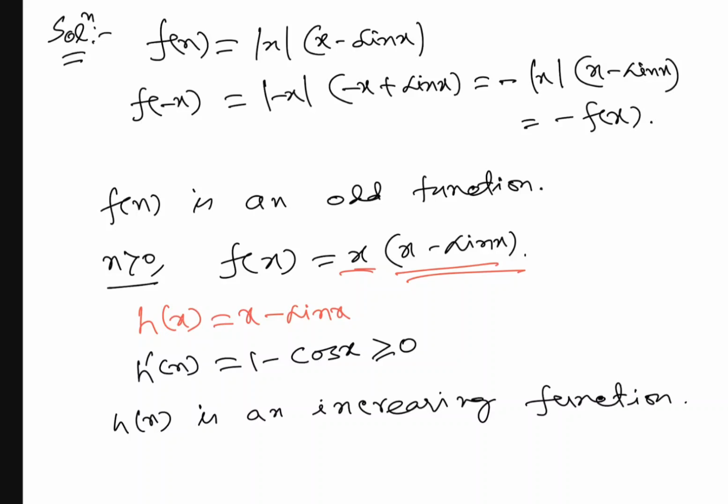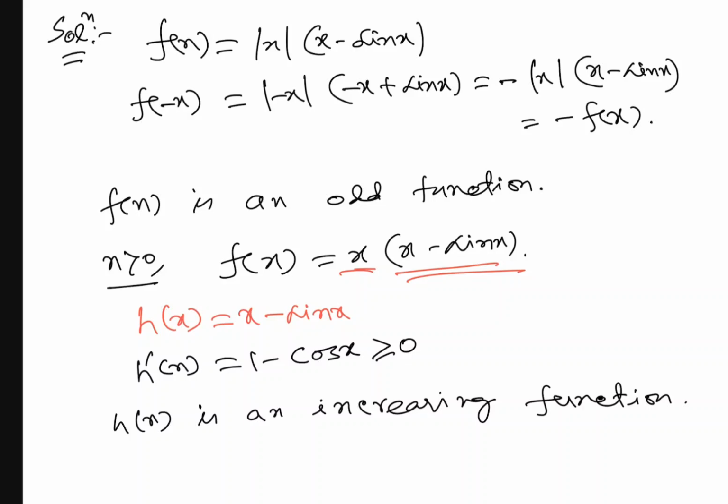To determine the graph of f(x), we have to understand the nature of h(x), because if h(x) is not strictly increasing, or somewhere it's increasing and somewhere constant, it will not be a one-one function.